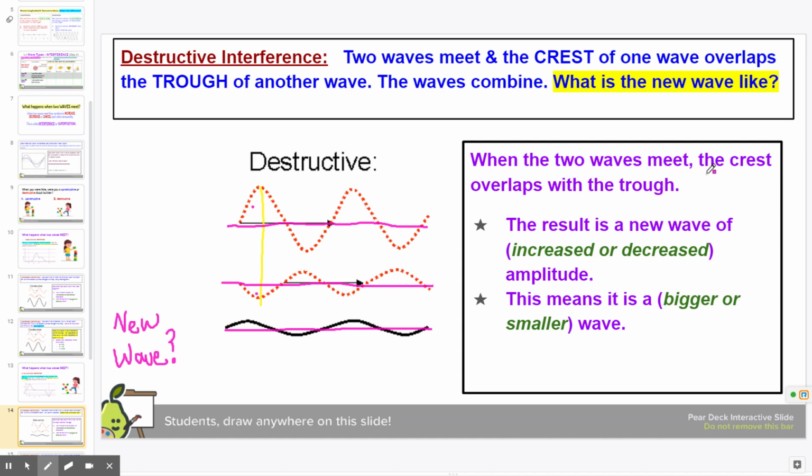So when two waves meet and the crest of one wave overlaps the trough of another, the result is a new wave with a decreased amplitude, and this means it's a smaller wave. Okay, so destructive interference, the new wave is small and the amplitude is decreased.